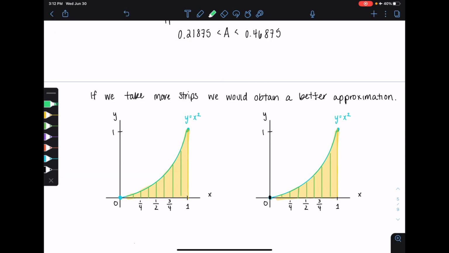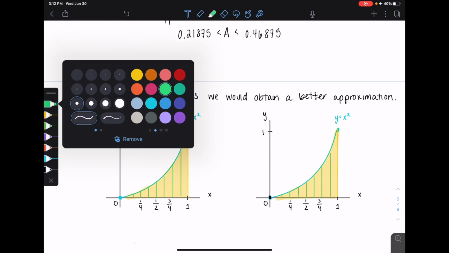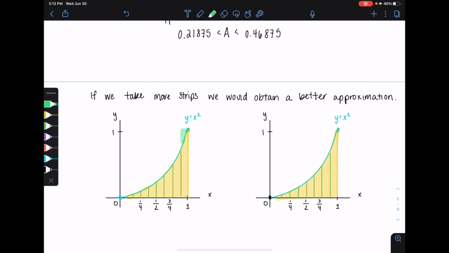On the left, on this strip, if we want to do an over approximation using those right endpoints, we would go a little bit over. We would use this point, and then we'd get this over approximation. If you do that using the right endpoints, you'd see it would be about 0.39.